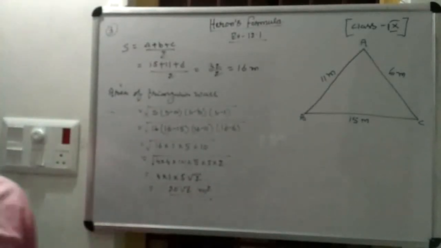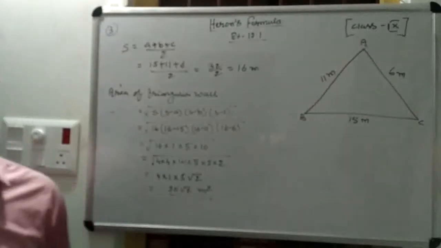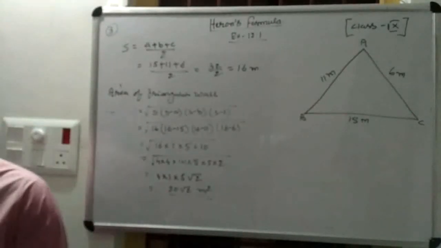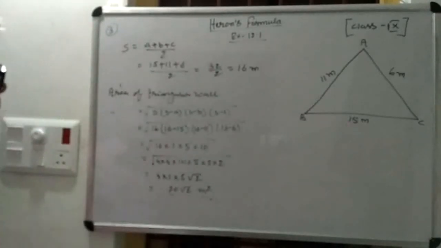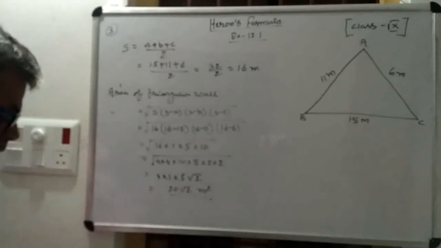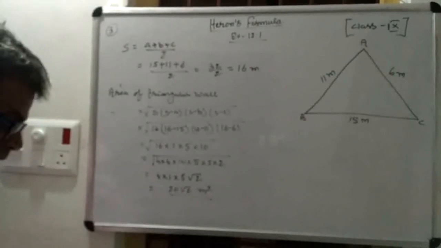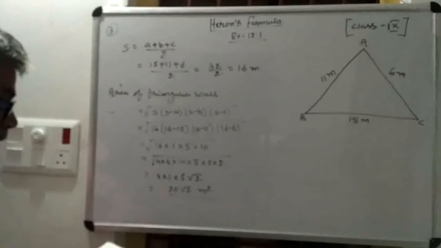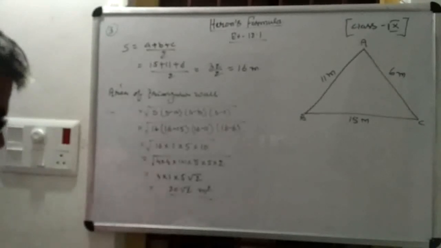If you want to put the value of root 2, as you know it is 1.4, then just put the value of root 2 and multiply it with 20, you will get an approximate answer. So in this way this question has been completed. This is a very easy part of your syllabus, to calculate the area using Heron's formula.